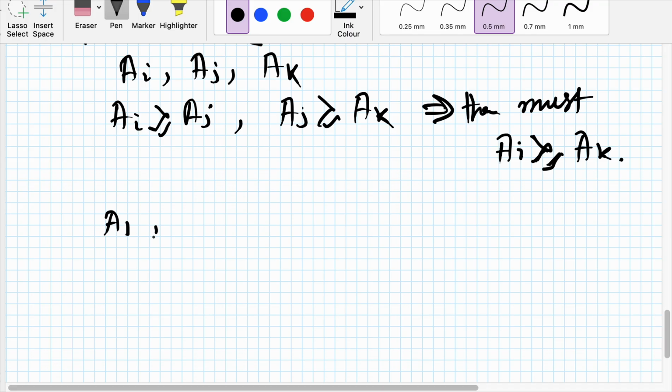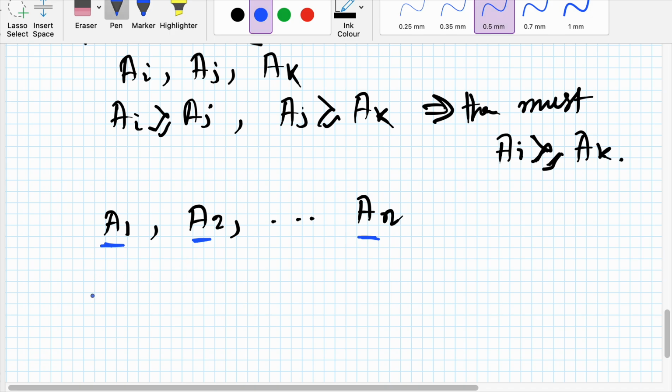So suppose there are A1, A2, up to An. We can associate a real number with each option. And how will we associate the real numbers?